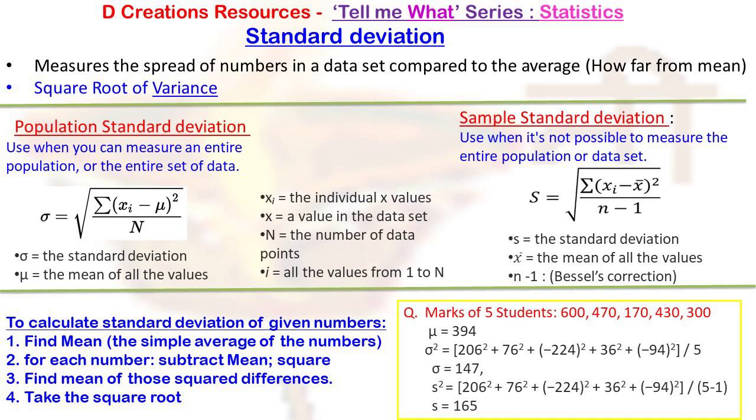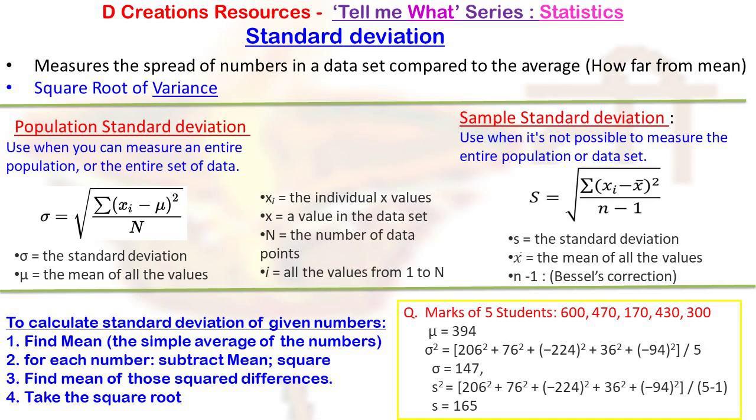So let me repeat the steps to be taken for calculating standard deviation. First, you have to find out the average. Then for each number, you have to subtract it from the mean, and if the number is larger than the mean, the difference will be positive, and if the number is smaller than the mean, the difference will be negative.